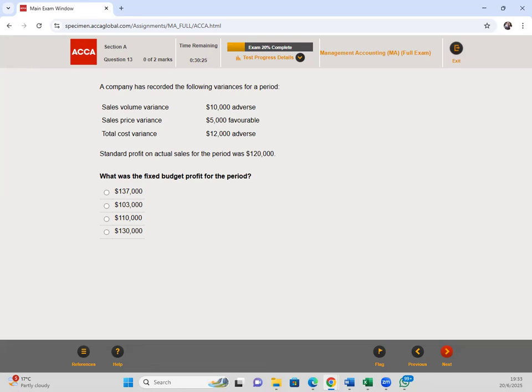So the question is saying, the company has recorded the following variances for the period. So the sales volume variance is 10,000. Then the standard profit on actual sales for the period is 120. The sales price variance.